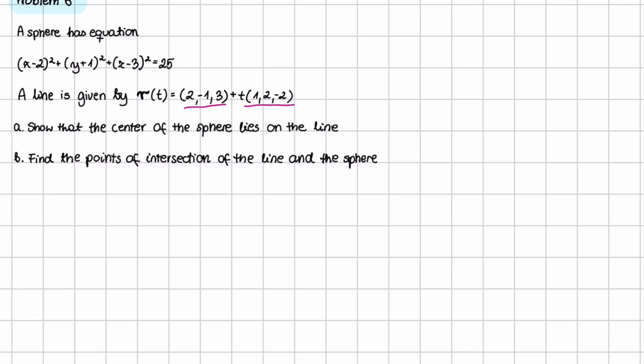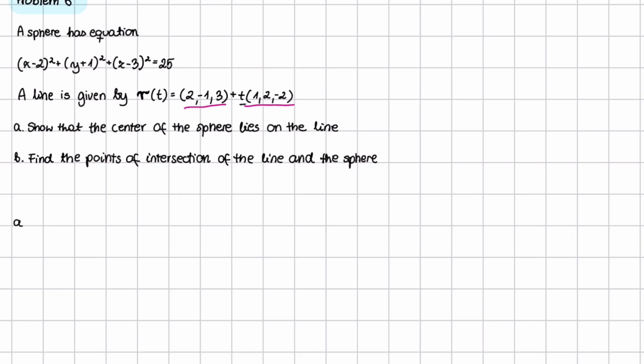So if we want to check if the center of the sphere lies on the line, we have to just substitute 0 as t.